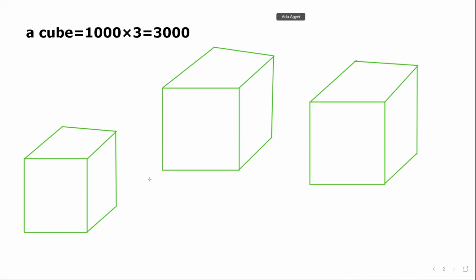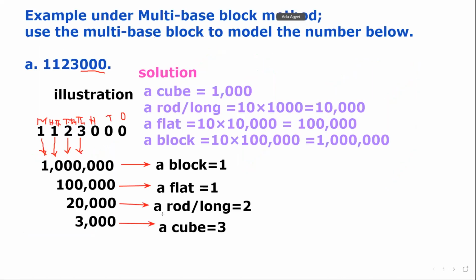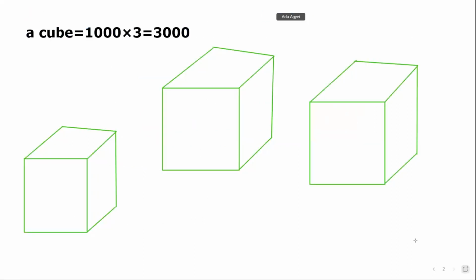Now you are moving on to what? A rod, which is 10 times this key. And let's see how many rods you are going to draw. You are going to draw 2 rods, or longs.